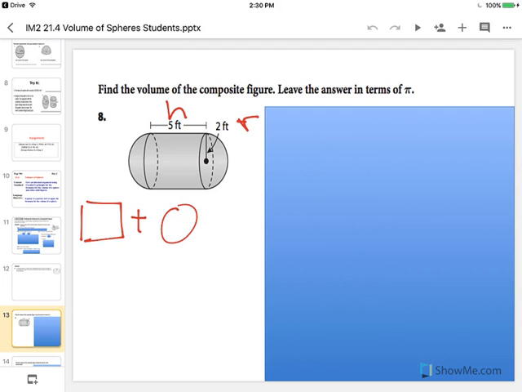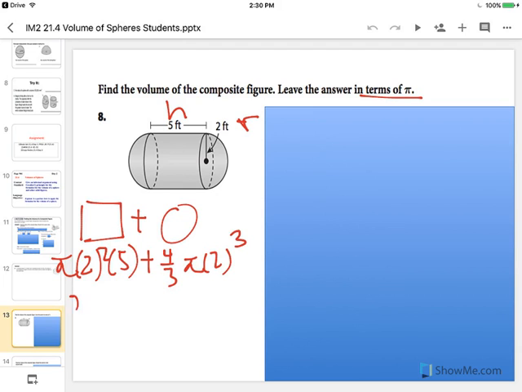So for the cylinder, this is pi times 2 squared times 5, plus the hemispheres. We have 2 of those, so it becomes a sphere, which is 4 over 3 pi times 2 to the third power. And from there we can use our calculator to work this out. They say to leave the answer in terms of pi.